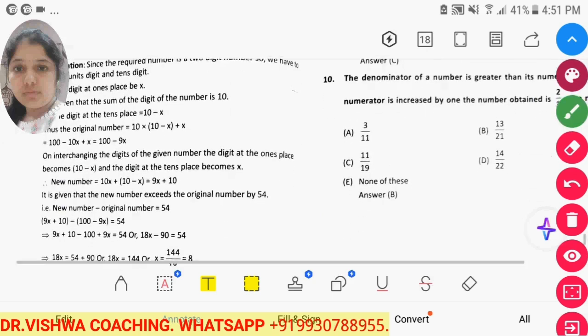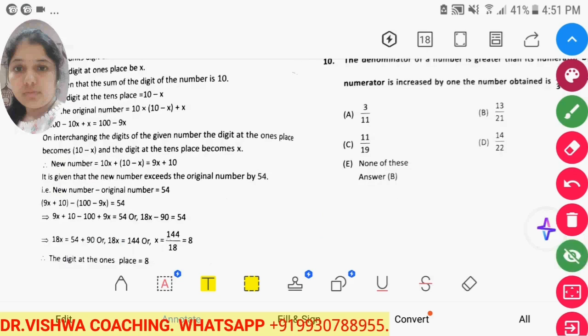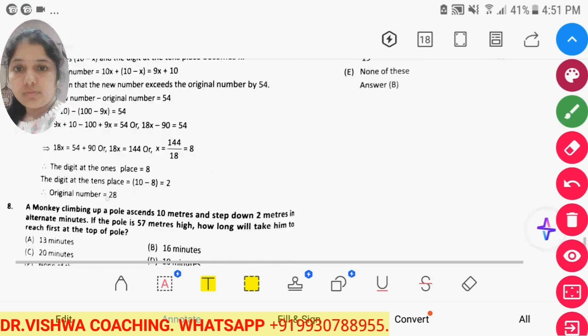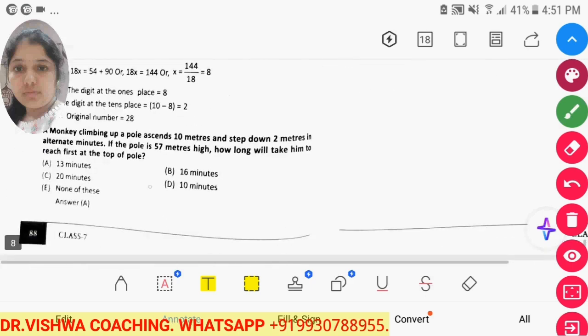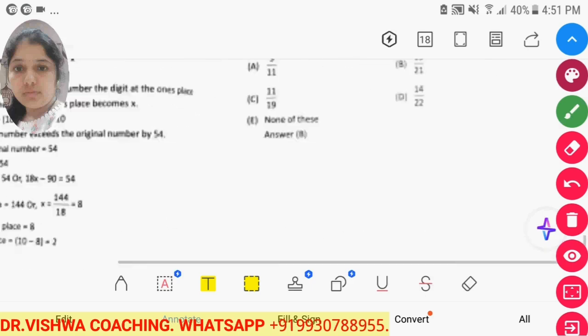So 90 will come to this side, total becomes 144. Now x is equal to 144 divided by 18, so one digit we got is 8. The digit at the ones place is 8, the digit at the tens place is 10 minus 8, which is 2. So 28 is that number. Okay, understood? In this way you have to solve the problems.